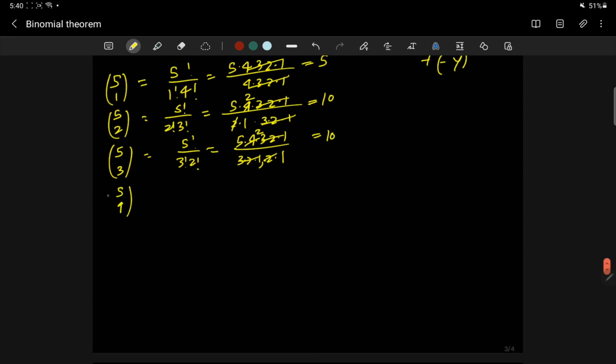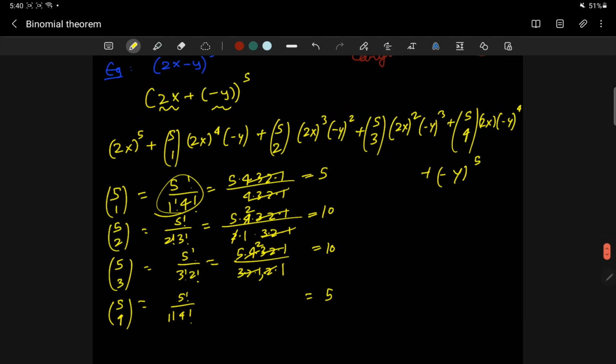And 5c4, which you will see when you do this, just comes out to be the same as this. So this is going to be 5. So you have these numbers.